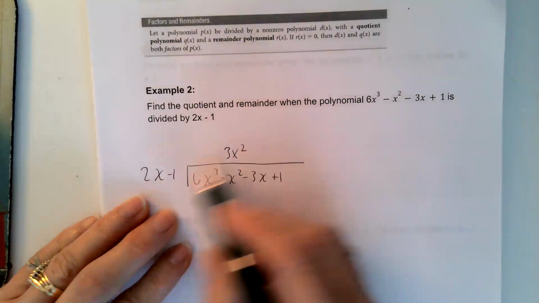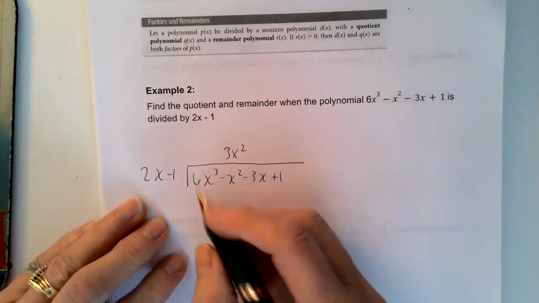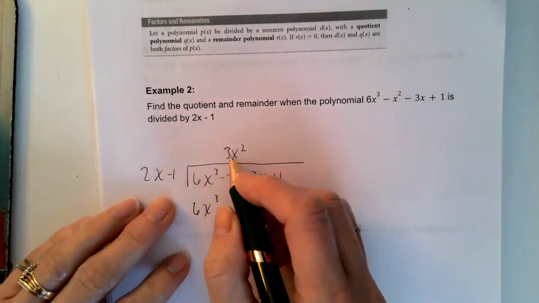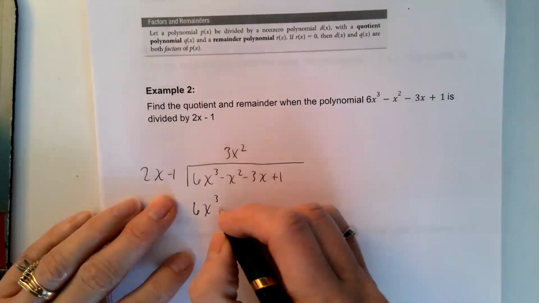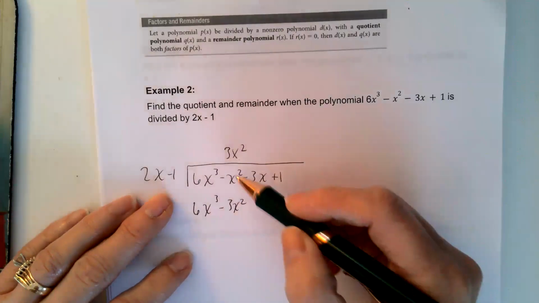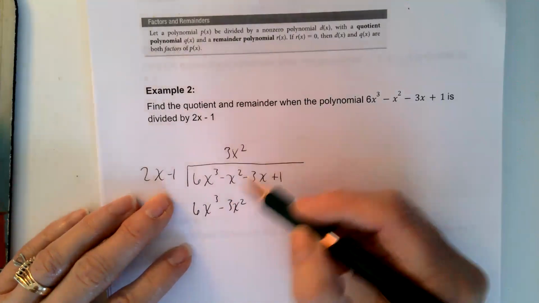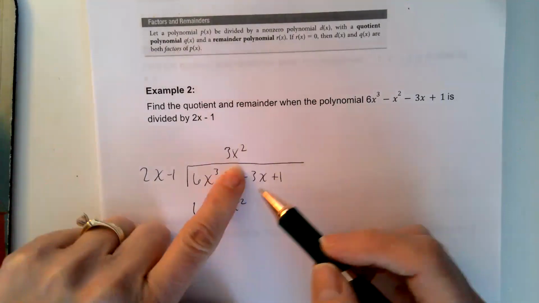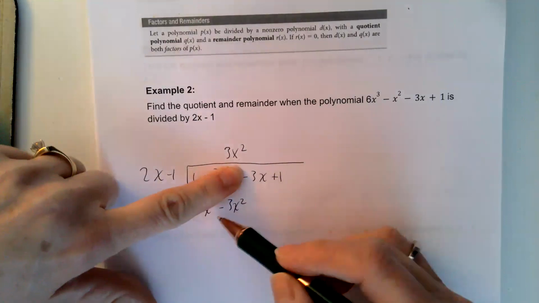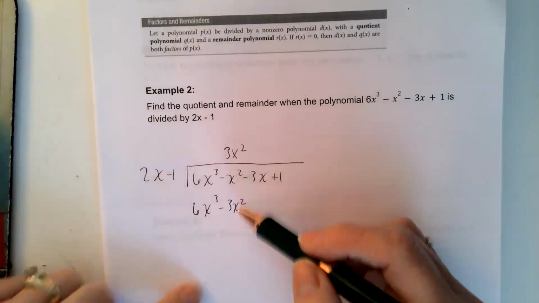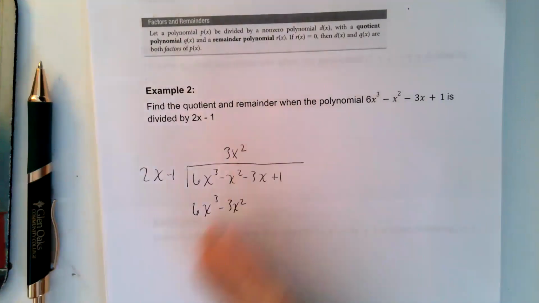So 3x squared times 2x is indeed 6x cubed. 3x squared times a negative 1 is a negative 3x squared. And make sure you're subtracting underneath the same power. So if there was no x squared term, we would have 0 subtracting a negative 3x squared. So just make sure that they line up because you have to combine like terms.